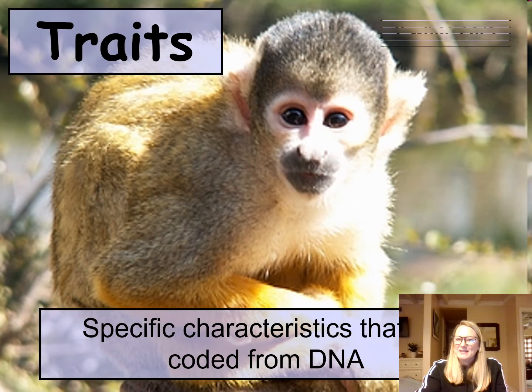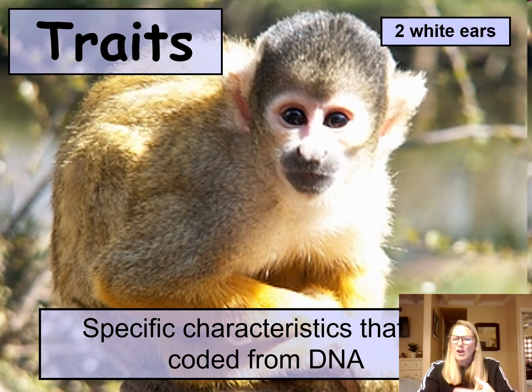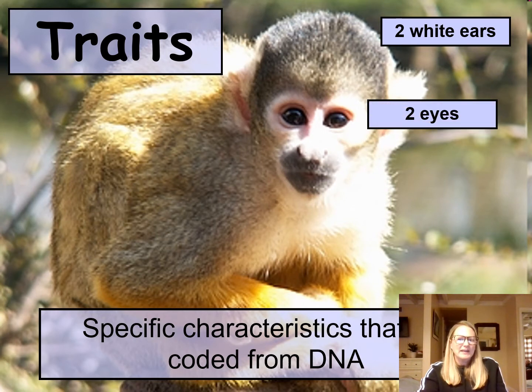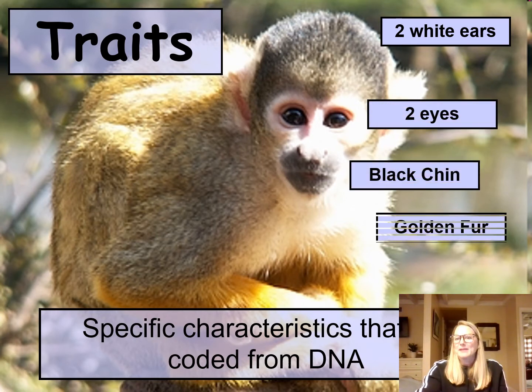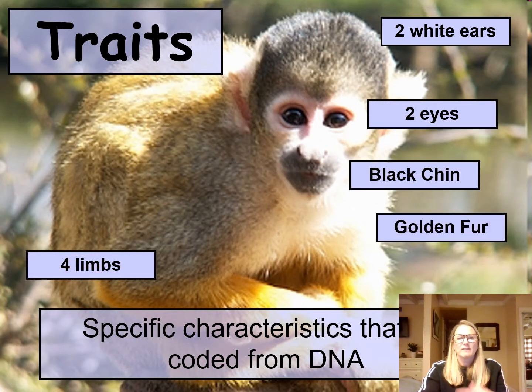So looking at this monkey here, you can see there's a variety of traits that you can observe from this monkey. So it has 2 white ears, 2 eyes, a black chin, golden fur, 4 limbs. And all of these were coded for by the numerous sections of DNA that you possess in your chromosomes, and that will code for those traits that you express.